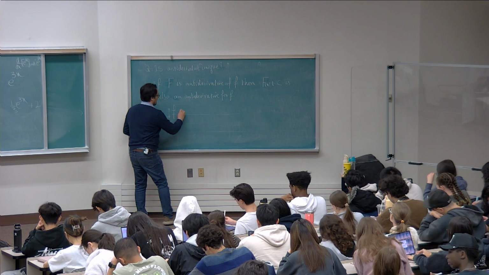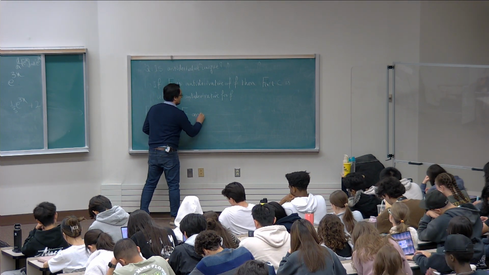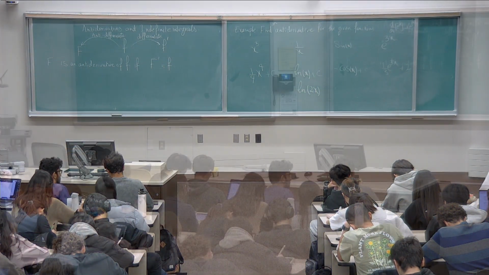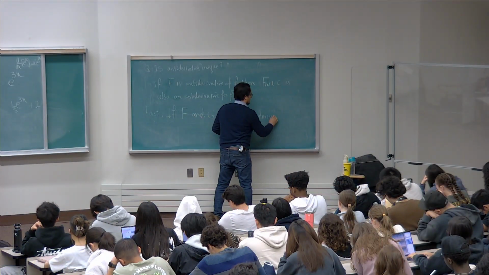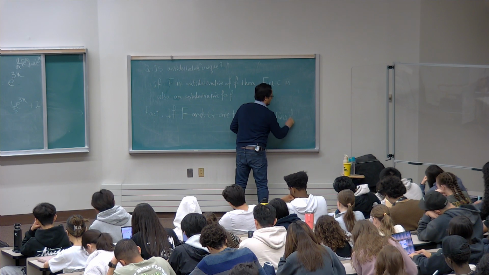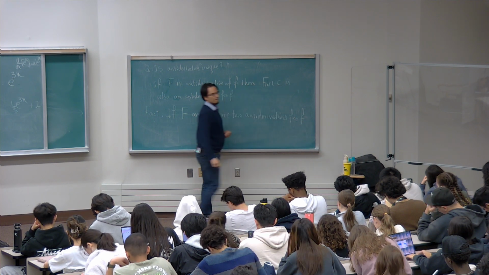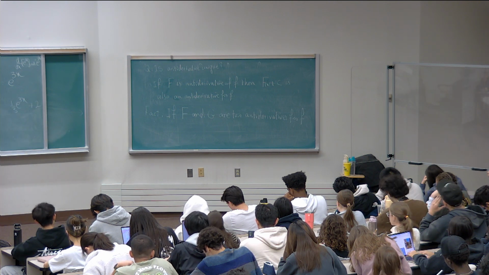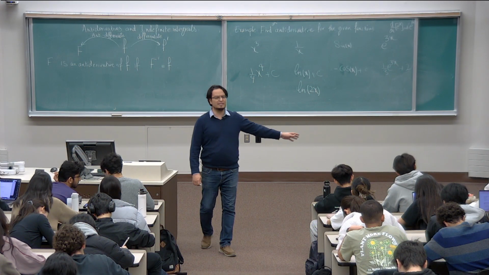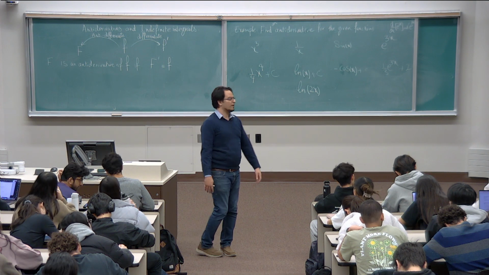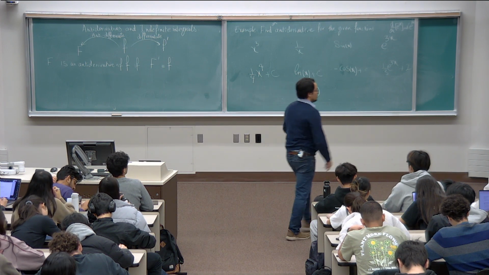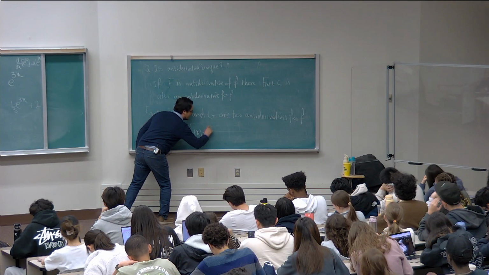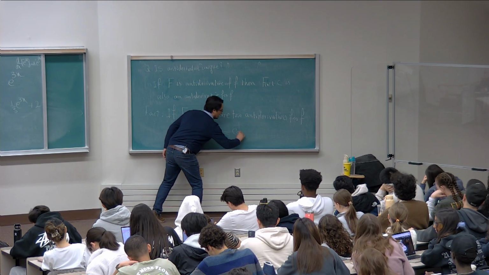If capital F and G are 2 antiderivatives for f, so if you pick any 2 antiderivatives, one from the States, the other from Australia, from China, you pick all the possible antiderivatives and subtract them, you will get a constant.